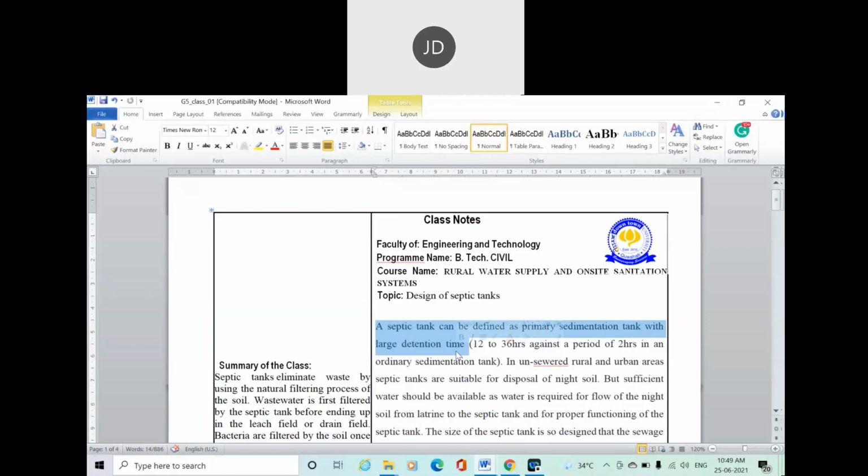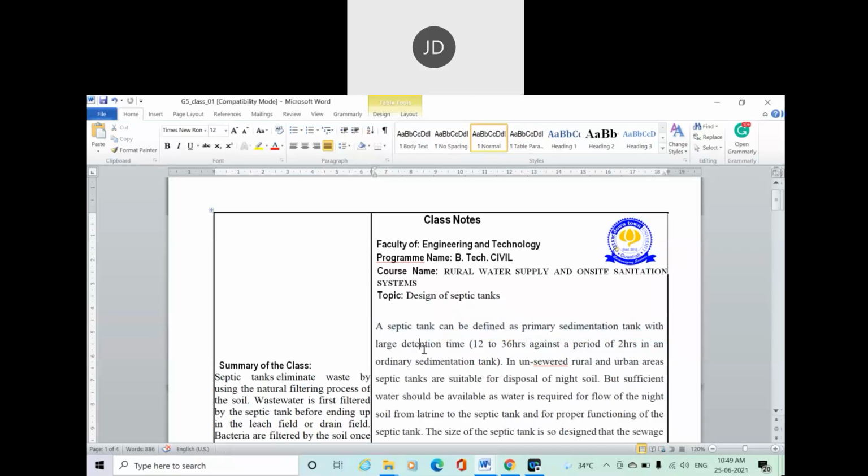Detention time is the duration for which a particular wastewater or waste solid is treated in a particular treatment plant. The time required for the wastewater to be treated in a treatment plant is known as detention time.